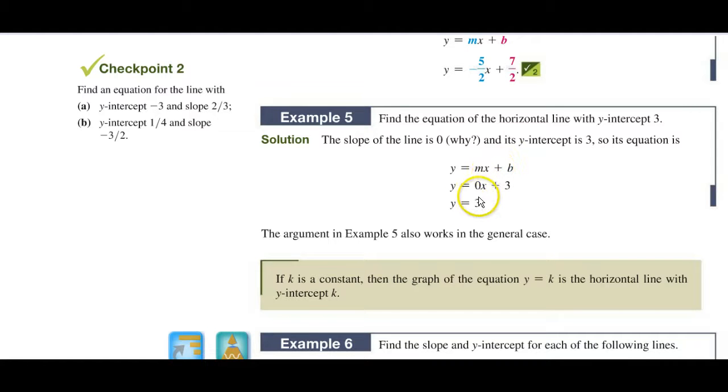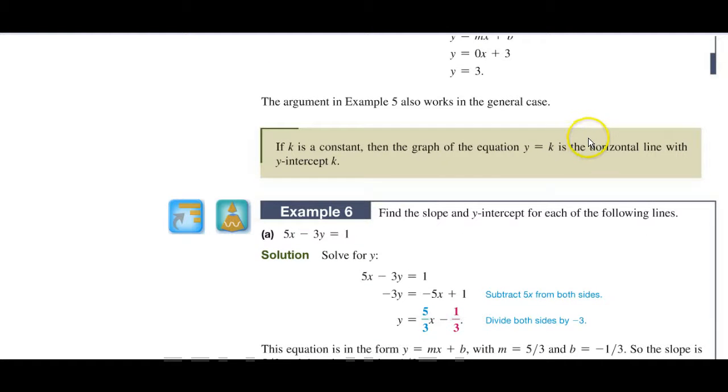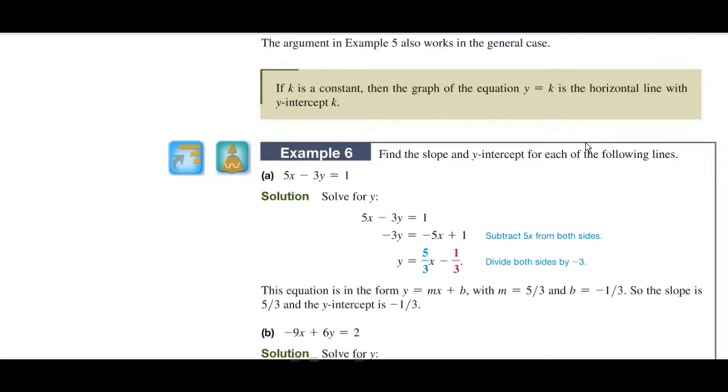So we had covered this a little bit already. Now, they're using the formula y equals k, k for a constant. Again, other books use y equals b. I like that one, but this is the one they'll sometimes use.